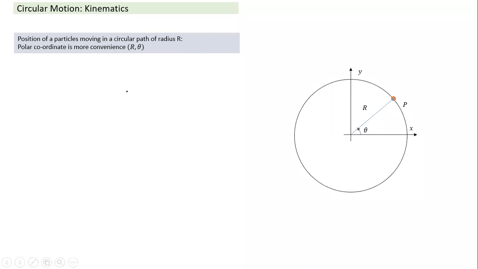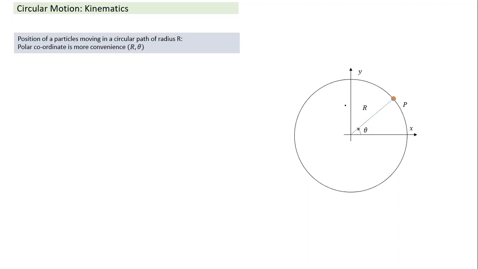So when we talk about motion, first thing, motion starts with a reference point and position vector. And in case of unidirectional motion, we take x coordinate as position vector. In case of two-dimensional motion, xy coordinate. Circular motion also, if we take the plane of motion, is two-dimensional.